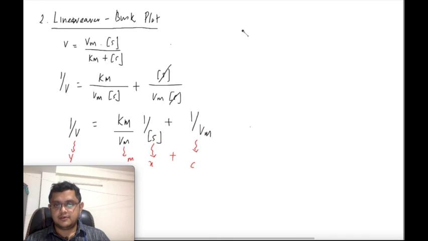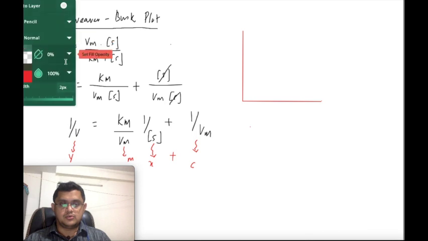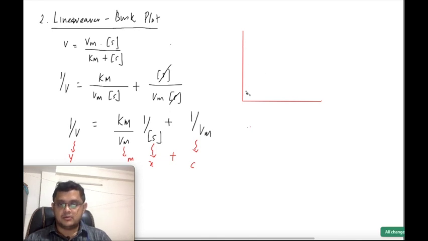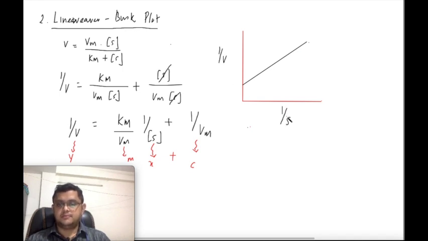If I draw the graph, it's a straight line equation again, and your y-axis is nothing but 1 by V, your x-axis is 1 by S, and the slope of this line is equivalent to Km by Vm, whereas your y-intercept is equal to 1 by Vm.